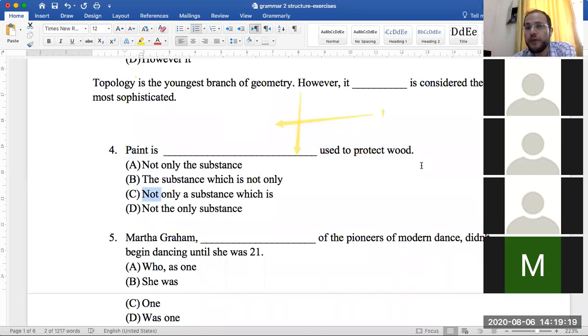We don't have but also or as well here. So A, B, and C are incorrect. Paint is not the only substance. So paint is not the only substance used to protect wood.